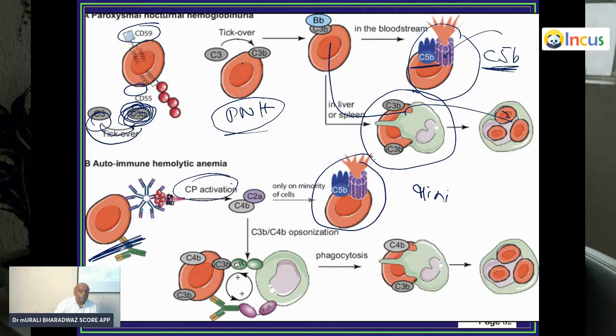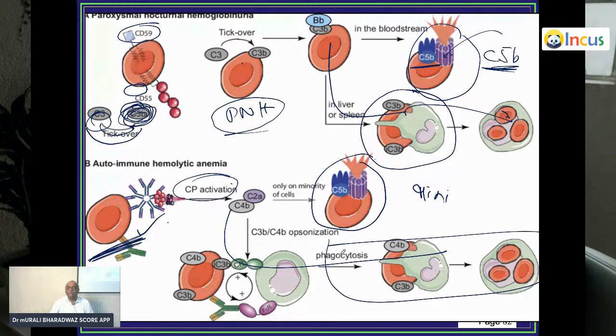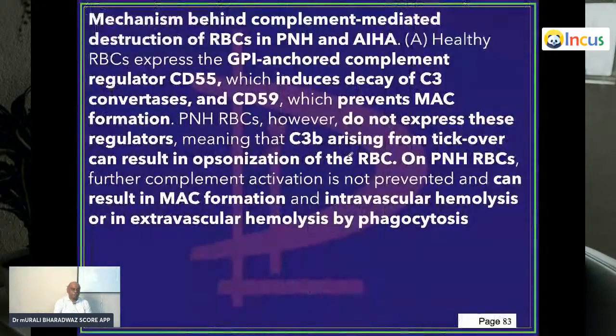Predominantly, with warm and cold antibodies, autoimmune hemolytic anemia occurs in the spleen, extravascular. Paroxysmal nocturnal hemoglobinuria occurs both intravascularly and extravascularly, involving both the alternate and classical pathways. That is the main difference you need to remember.